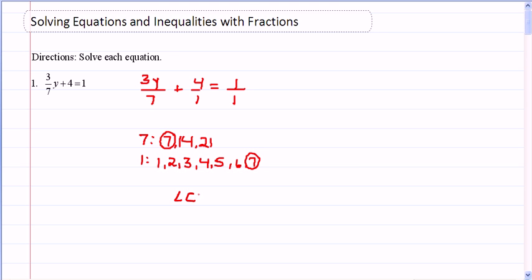So if your least common denominator is 7, then you want to multiply all of the fractions' denominators by what you need to get a 7. It's just like adding and subtracting fractions with different denominators.